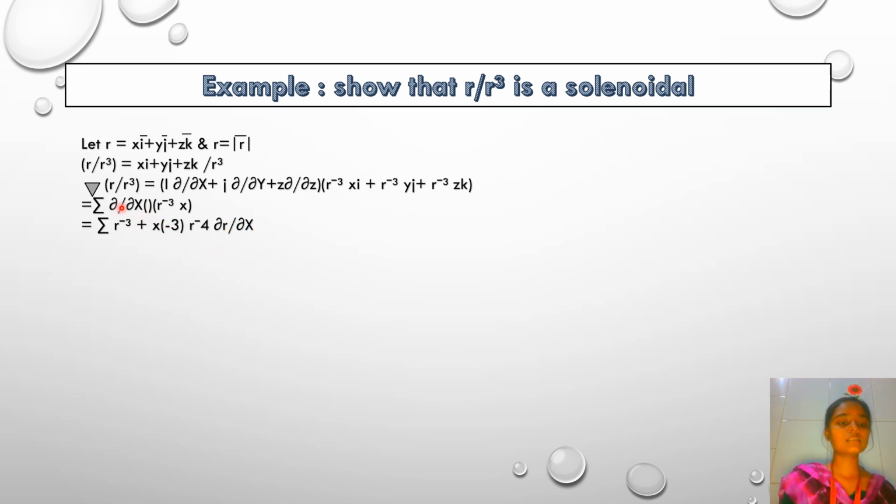So, summation of r power minus 3 minus 3x r power minus 4 into x by r.